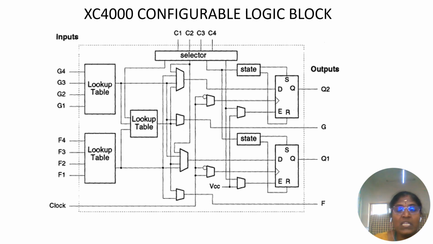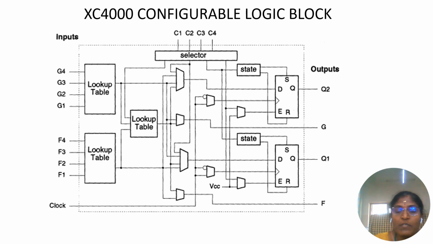We now look at the Xilinx 4000 configurable logic block. It consists of three lookup tables. Two lookup tables have 4 inputs and one lookup table has 3 inputs. Then it has two multiplexers, which connect the lookup tables with the flip-flops.